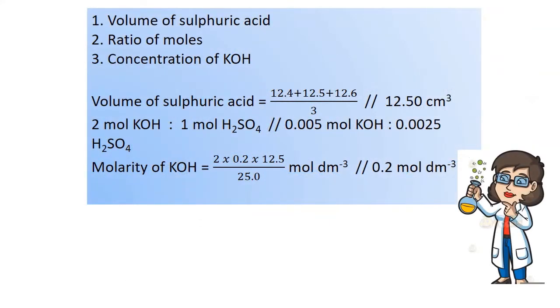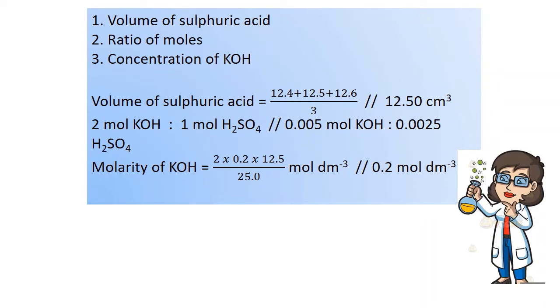The average volume of sulphuric acid used is (12.4 + 12.5 + 12.6) divided by 3, equal to 12.50 cm³.